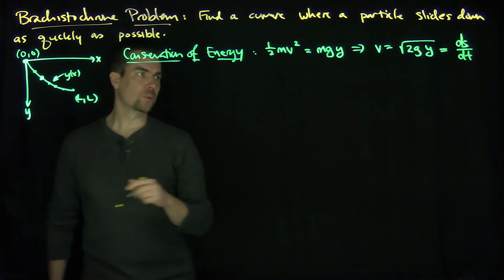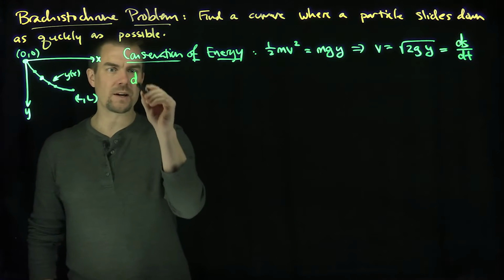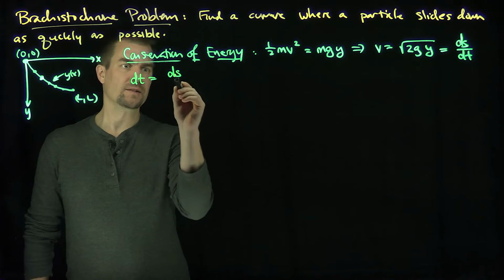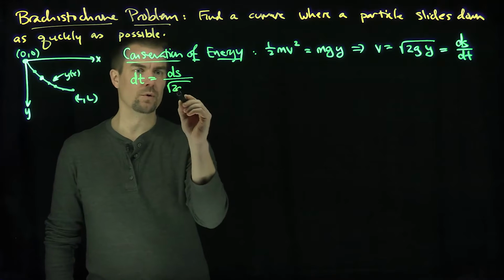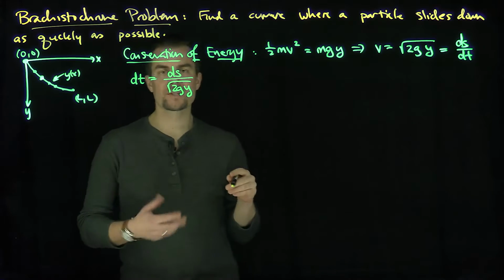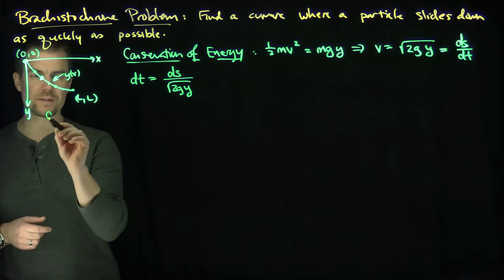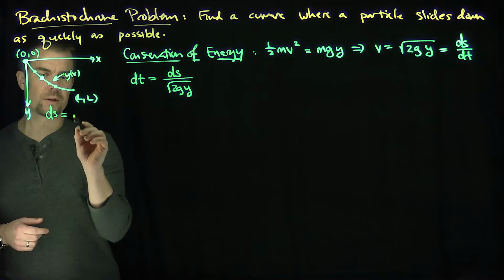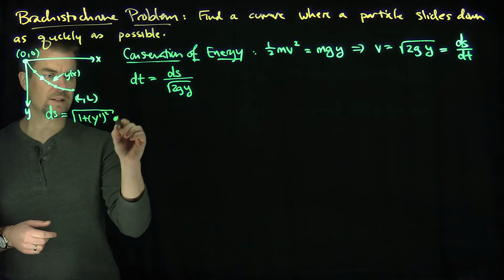So we can solve this equation for dt. dt is ds over the square root of 2gy. Now, what is the arc length parameter on this curve? For this particular function, ds is the square root of 1 plus y prime squared dx.